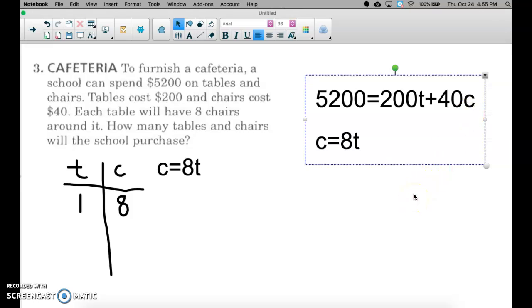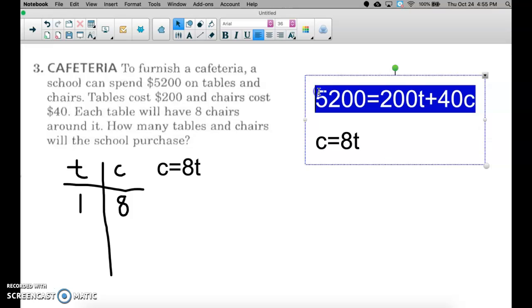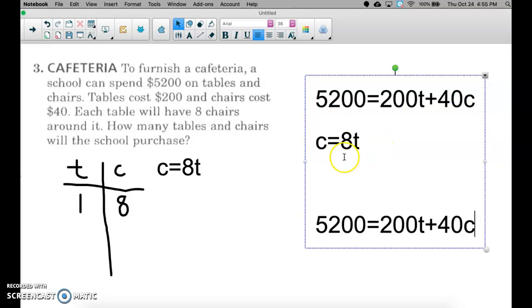I've told a lot of you this as well, that when you have bigger numbers, you want to use elimination unless you already have a variable that is solved for. I always use substitution if I already have a variable by itself, because it's really easy to just pop down here and then plug this in wherever I see, in this case, the letter C.